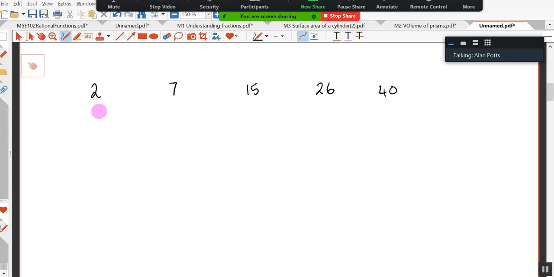So in your head now, scratch that algebraic stuff. That hasn't happened. All right. So let's just start in exactly the same way. So we've got plus 5, plus 8, plus 11, plus 14. So we know it's not linear.